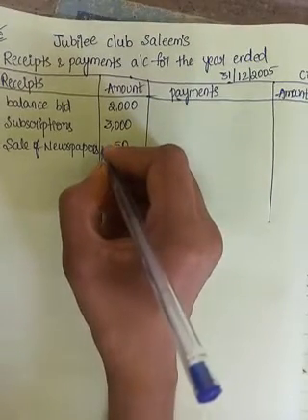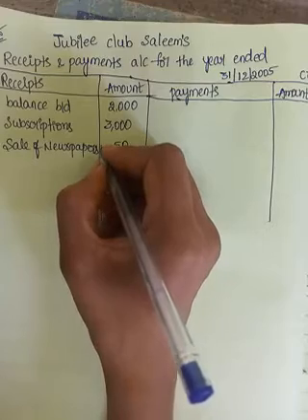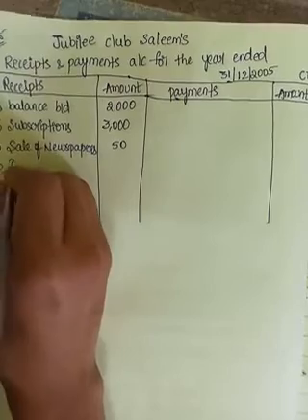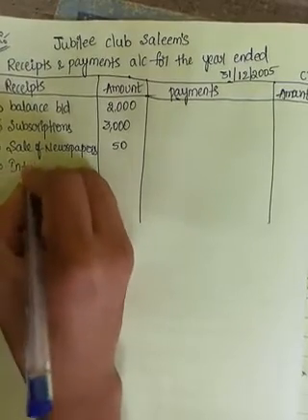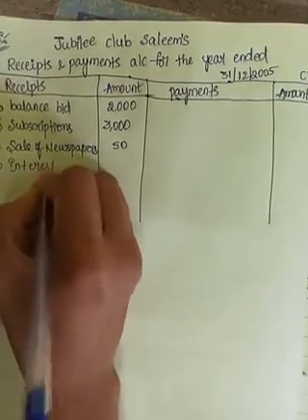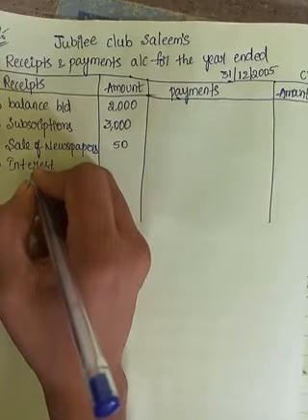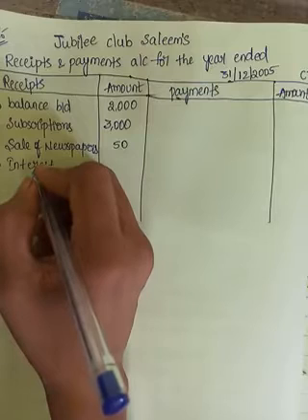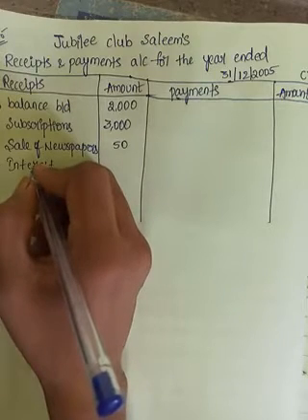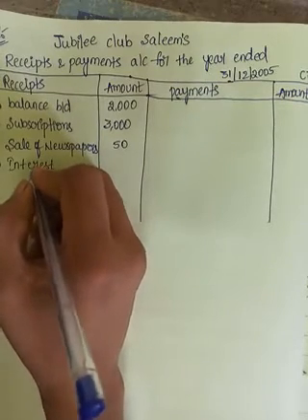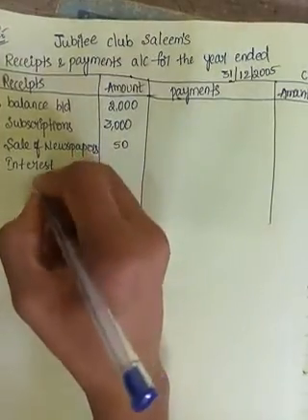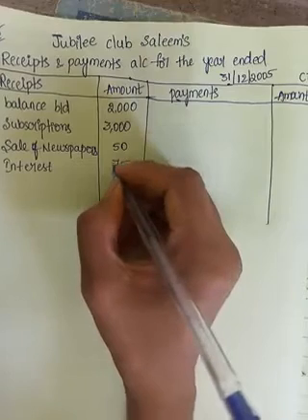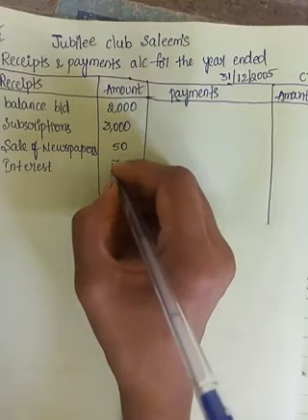Next is to interest received on investments, amount is 75.